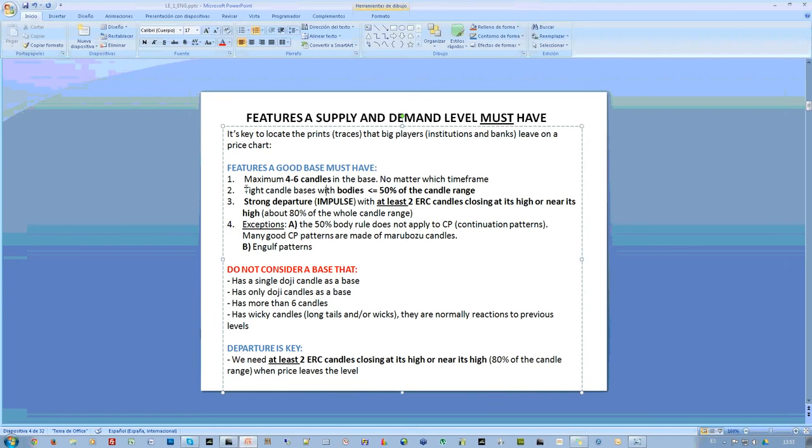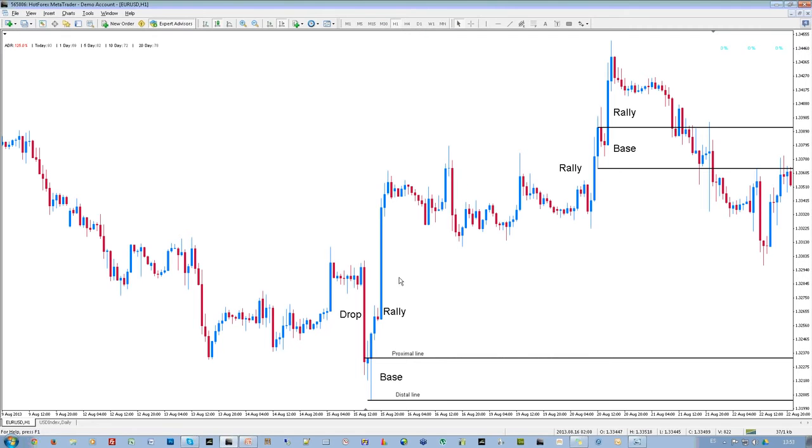We want tight candles with bodies which are more or less equal to or lower than 50% of the candle range. You may be asking, what is a candle range? If we take, for example, this candle, the high is here, the low is here, then open and close. The whole range is from the high to the low.